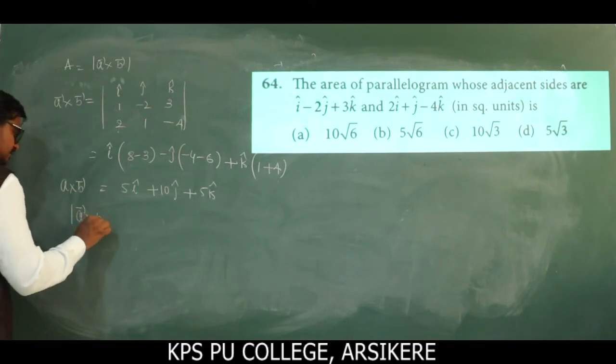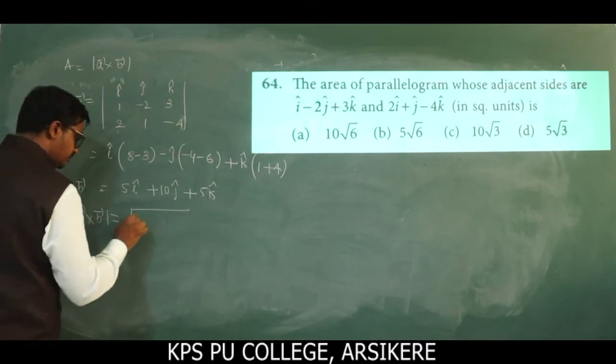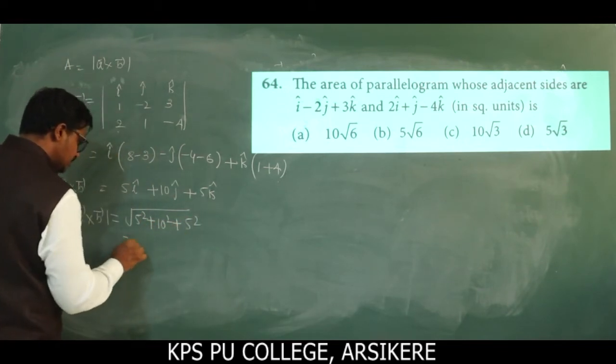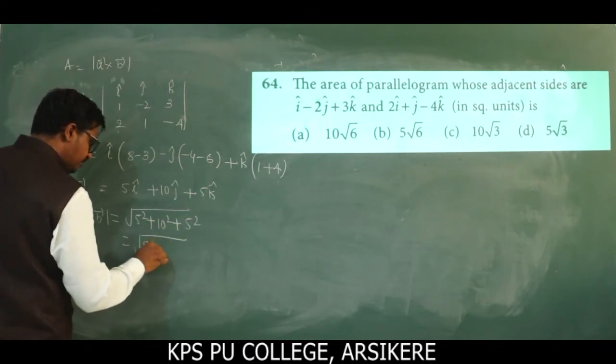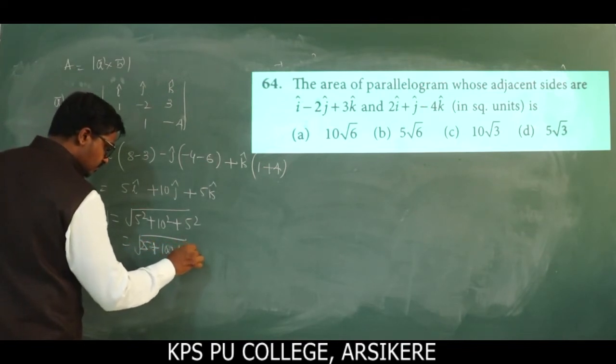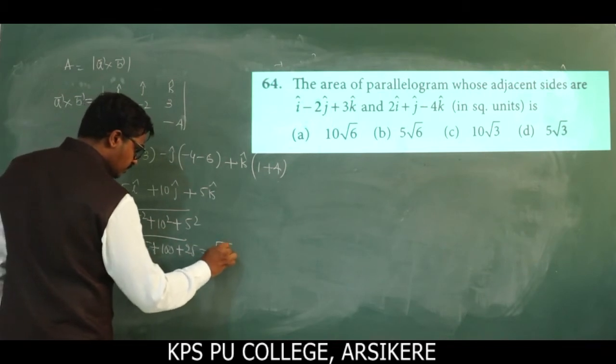Therefore magnitude of A cross B is equal to square root of 5 square plus 10 square plus 5 square. This becomes square root of 25 plus 100 plus 25. This is square root of 150.